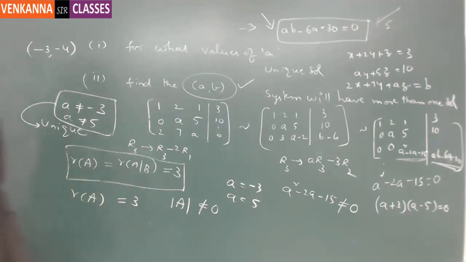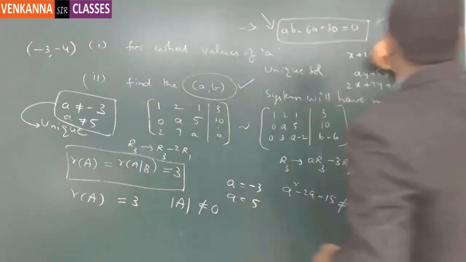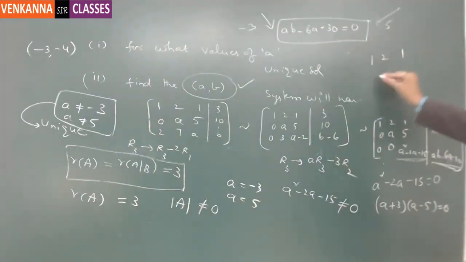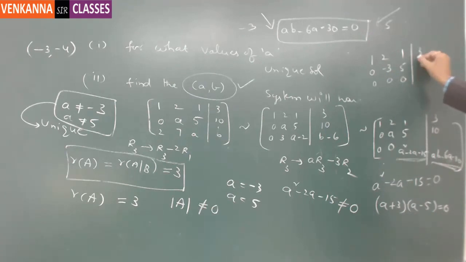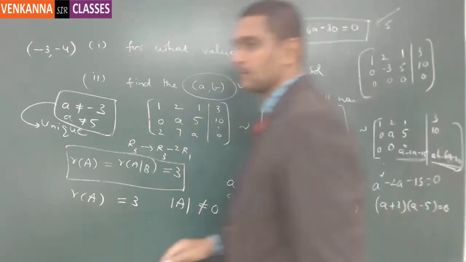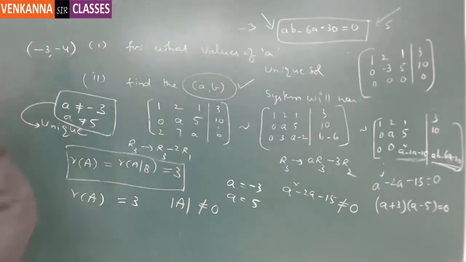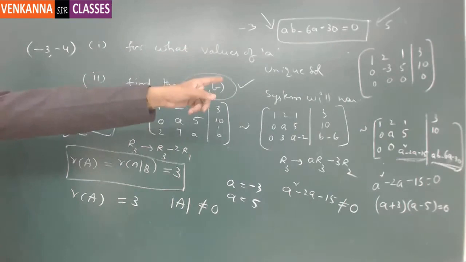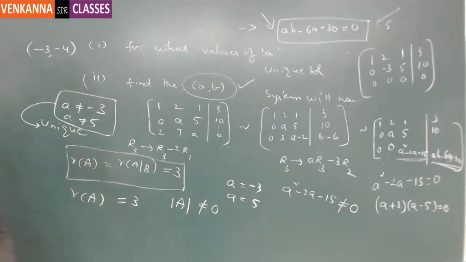I will write the system so that you will have an idea. 1, 2, 1, 0; a is -3, 5, 0, 0; 0, oblique, 3, 10, 0. In this way, rank of A and rank of [A|B] are both equal and less than the number of variables. So we will have more than one solution.